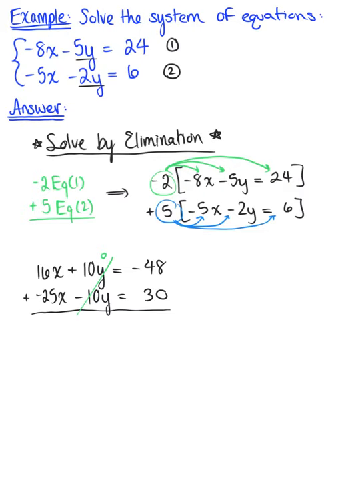So 16x minus 25x leaves us with -9x is equal to -48 plus 30, which is -18. Now to solve for x, we divide both sides by -9. -9 divided by -9 goes to 1, and we are left with x is equal to 2.